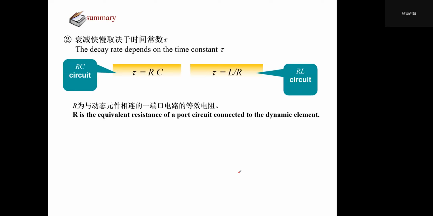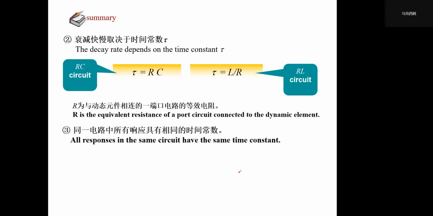So if we would like to calculate the equivalent R in this circuit, we only have to transform the remaining circuit into the typical RC or RL structure. Then we could calculate the corresponding equivalent resistance and the equivalent capacitor and equivalent inductor.